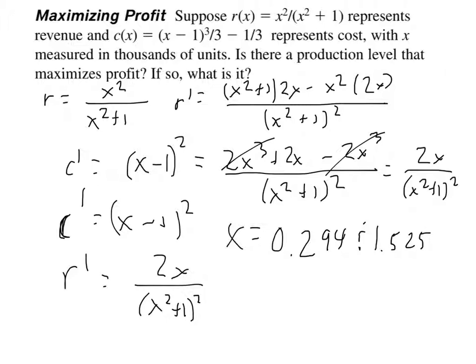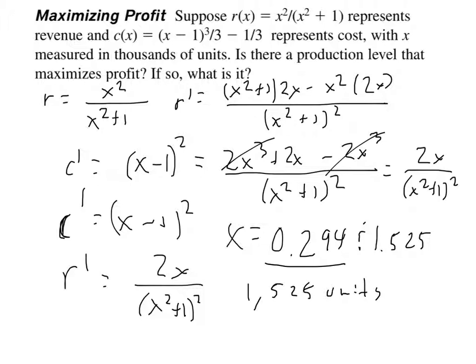Okay, with x measured in thousands of units, so we know that the minimum would be at that point 294, which would be 294 units, and the maximum would be 1,525 units. So that would be the maximum profit. The minimum profit would be at that point 294.